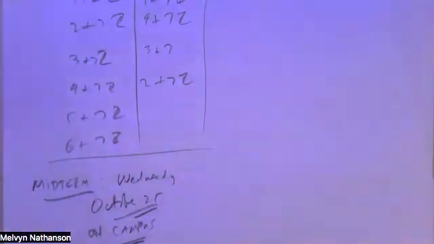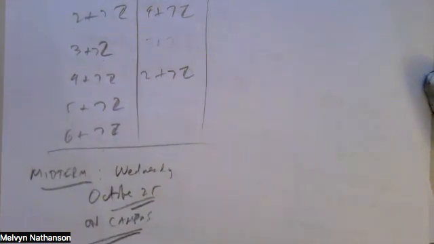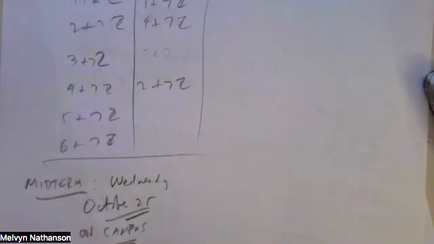Oops, sorry, that's wrong. 9 minus 1 is 8. Huh. What's the inverse of 3 mod 7? What do you multiply 3 by to get something congruent to 1 mod 7?